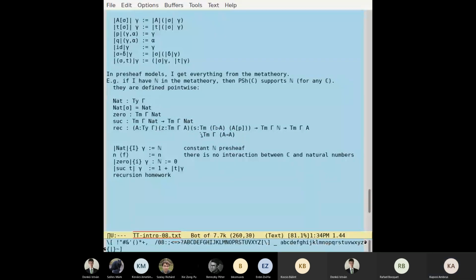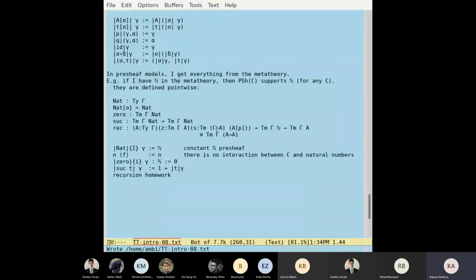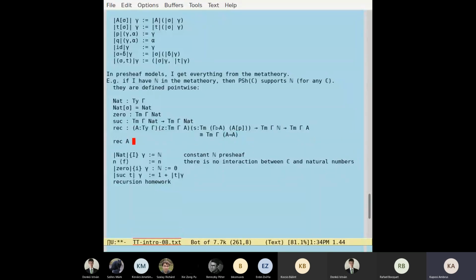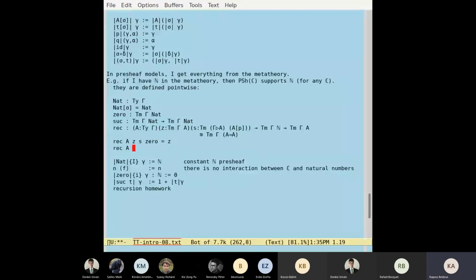But now I want to use this one because I don't have the function space yet. And then for every natural number I have an element of this, right? And the definitional rules are that if I apply this to 0, I should get back Z, right? And if I apply this to successor of some t, then I use S.